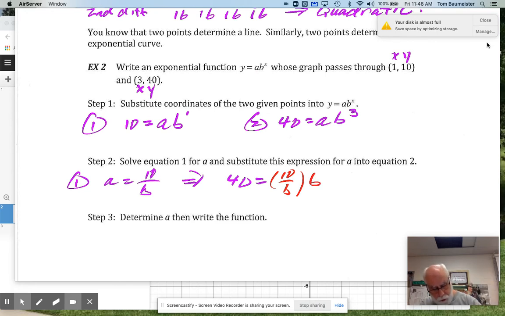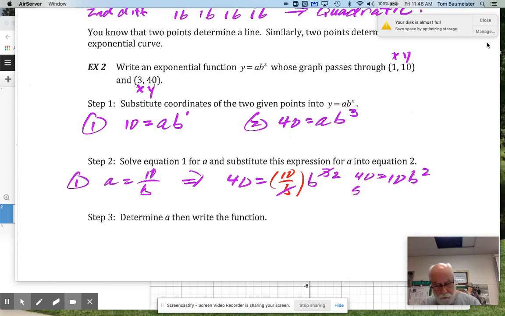Oh, excuse me, b cubed. Now, one of those b's will cancel, so that'll be 10 times b squared.